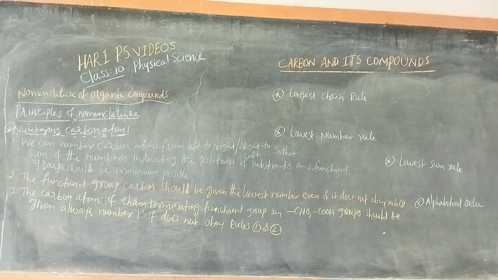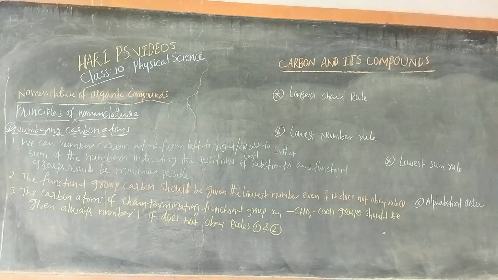Minimum possible means if the organic compound has a functional group directly on a carbon, for that carbon atom we always give number 1. That carbon is taken as number 1.